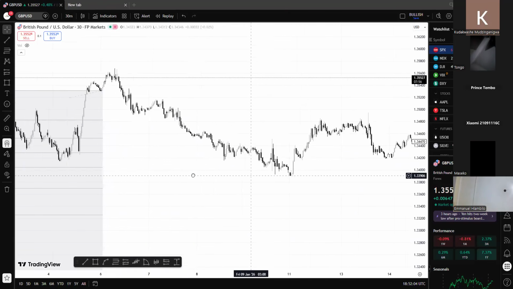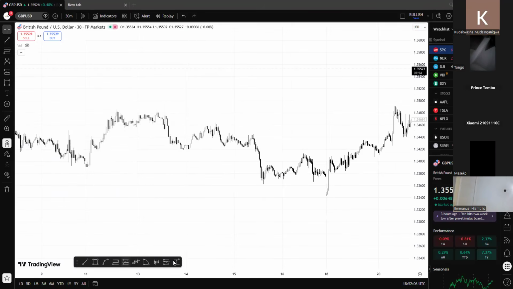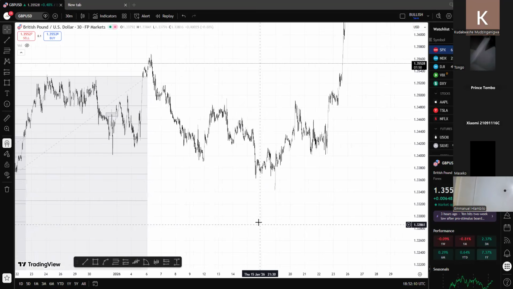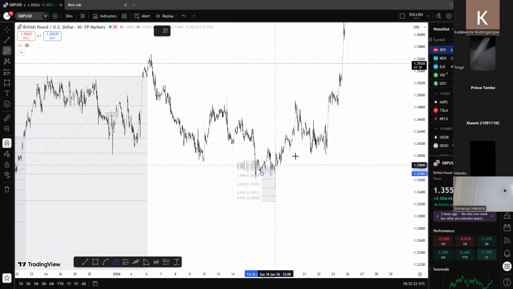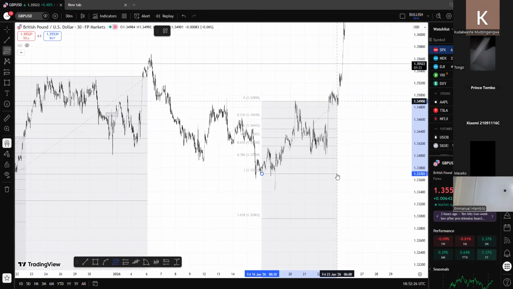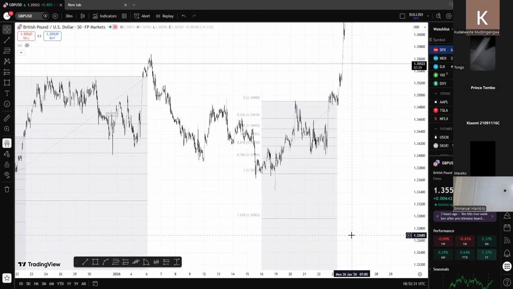Right. So let's look at other areas that we can put our fib on and try to relate to them as much. So we have this low over here and we have this high over here that we can all clearly see. If we touch the low and we touch the high, where did the market retrace? This is not magic.